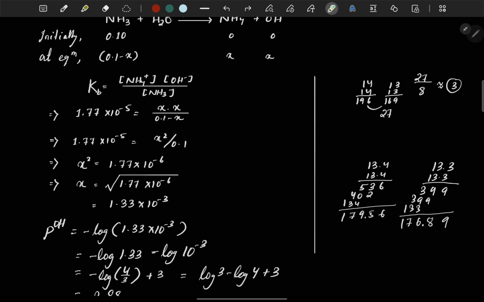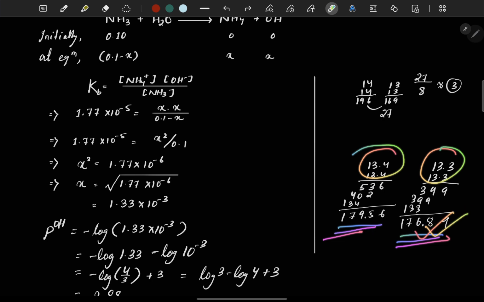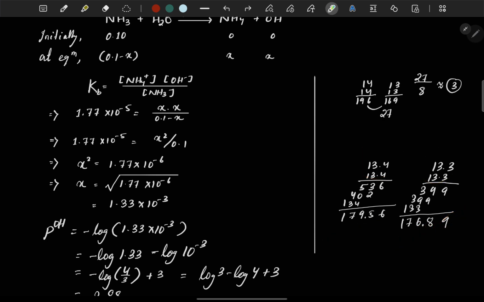Let's try out. If you take 13.3, it will become 176.89. If you take 13.4, the value will be 179.56. So this is more correct. So we can say this value will be 1.33, because this is the square root of 177 divided by 10. So that will be 1.33 × 10^-3.